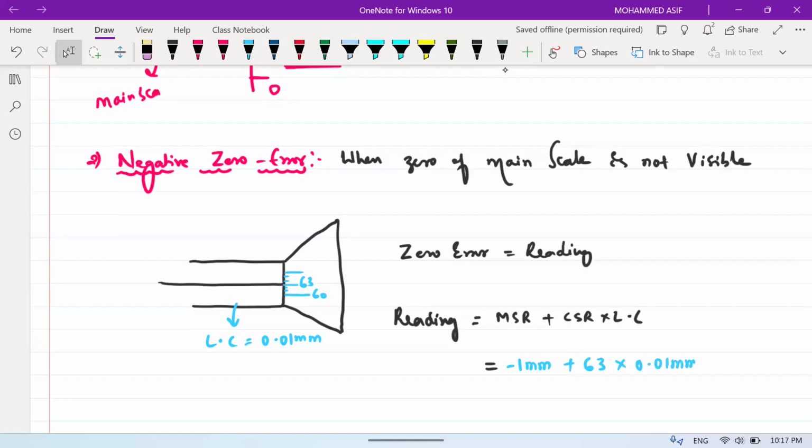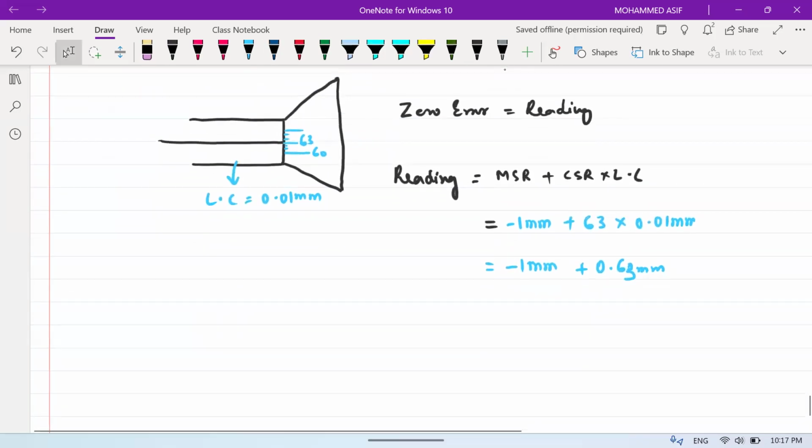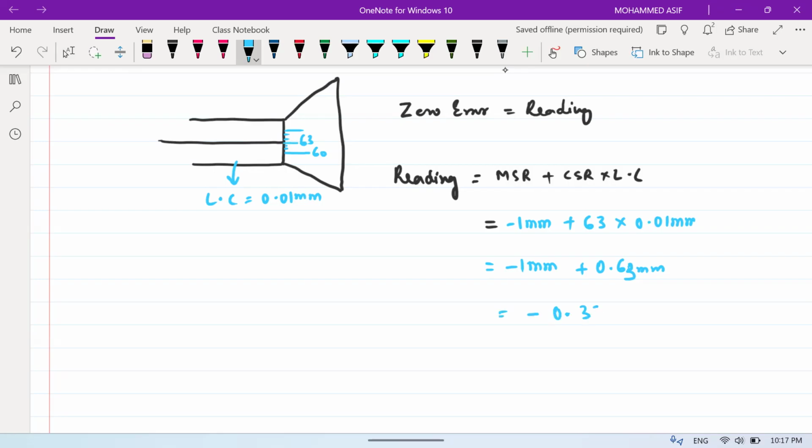So the answer is -1 mm plus 63 into 0.01, which is 0.63 mm. That means -1 plus 0.63 will be equal to -0.37 mm. This will be the answer. Am I clear?